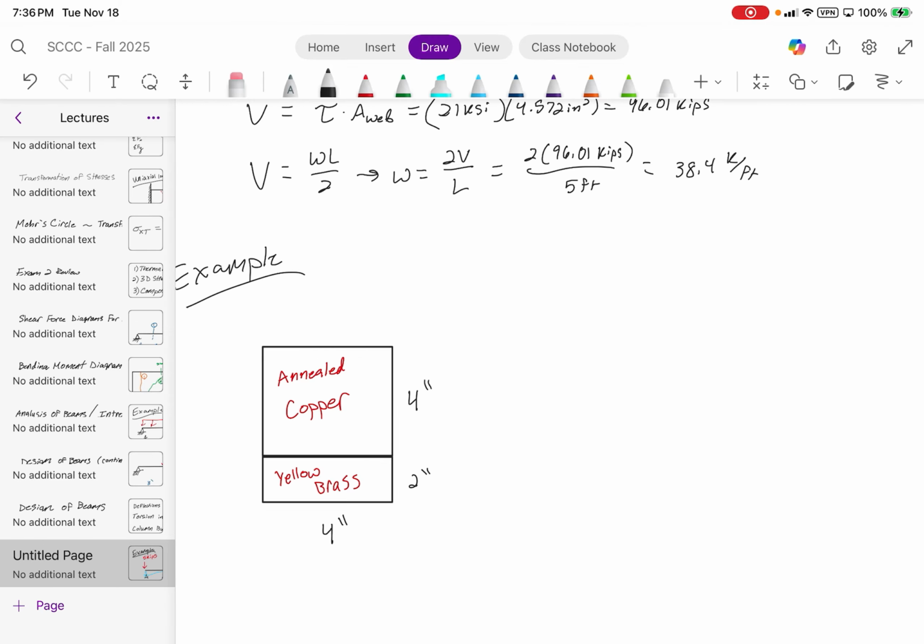What I want you guys to do is determine the neutral axis and the second moment of area of inertia.